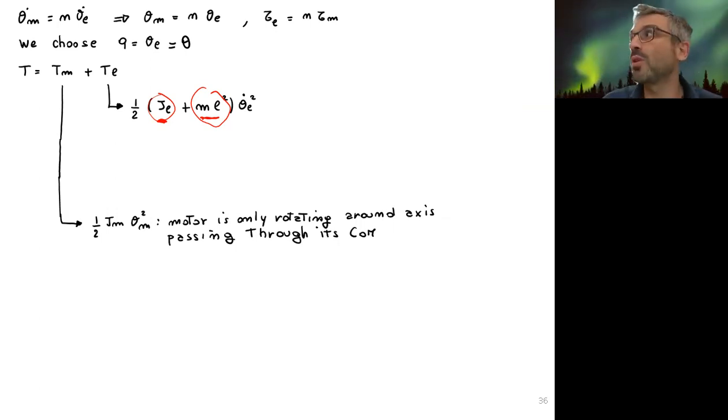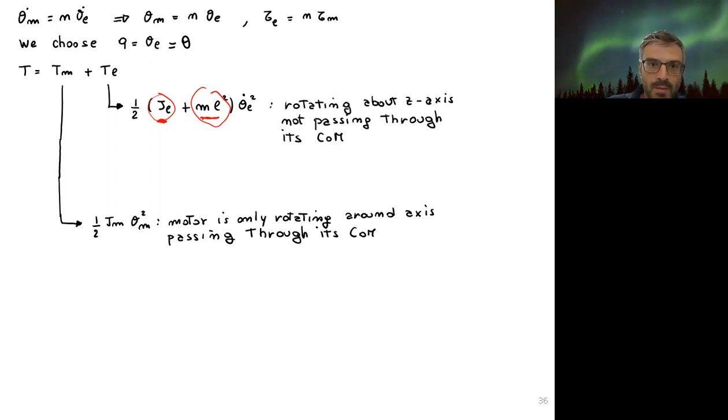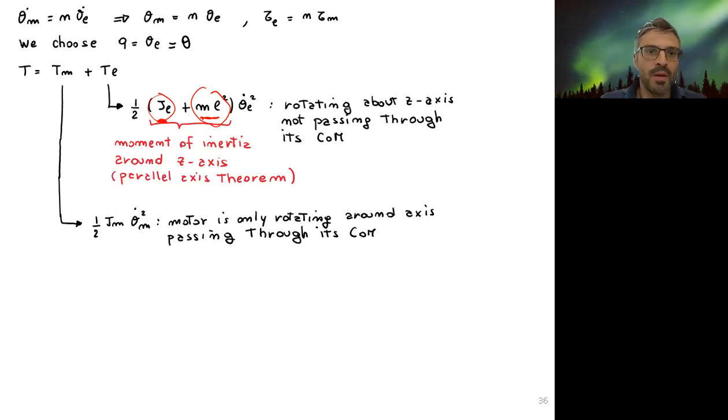We only consider the rotational part. And we see that this is equivalent to the moment of inertia of the link body around the z-axis.